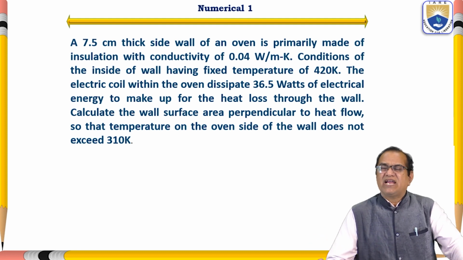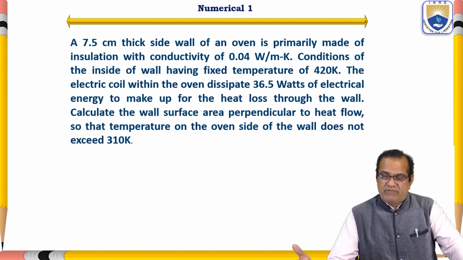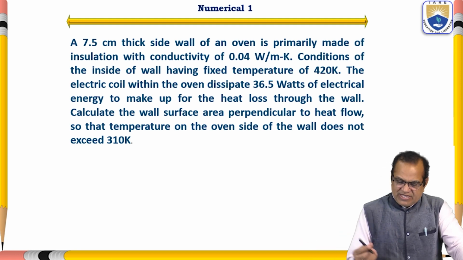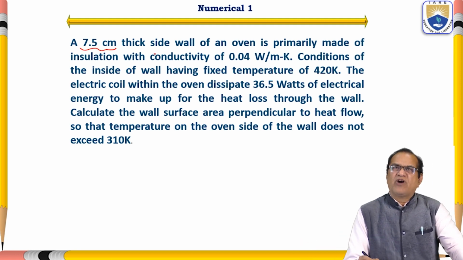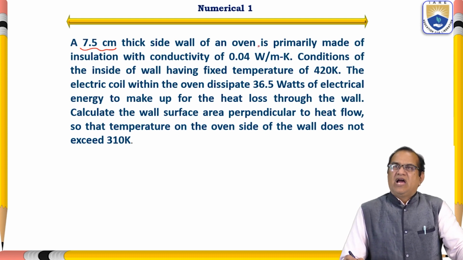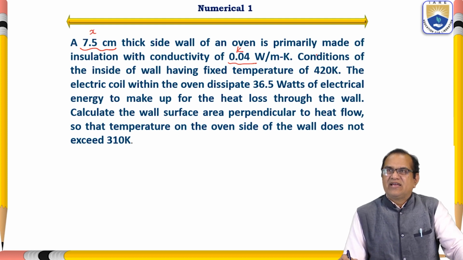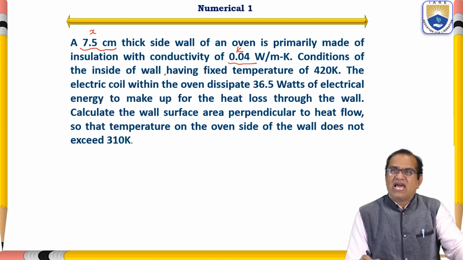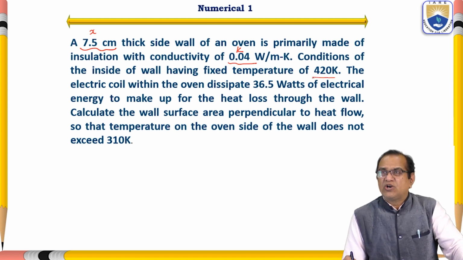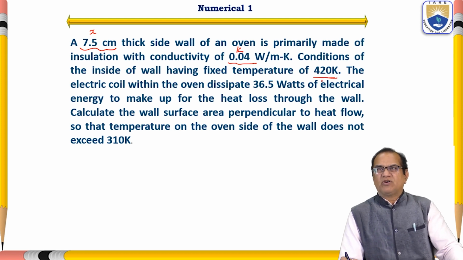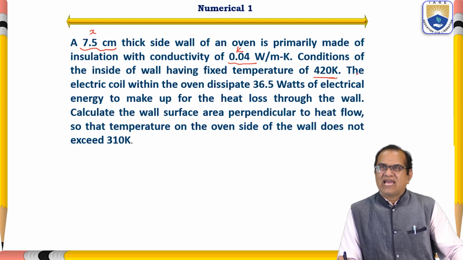A very interesting and very practical problem, and most of the problems which I have taken are from Cengel, and Cengel has given very good practical problems. Here the thickness of this side wall is 7.5 centimeter, primarily made of insulation. The conductivity is K, and the thickness is X. The inside of the wall has a fixed temperature of 420 Kelvin.